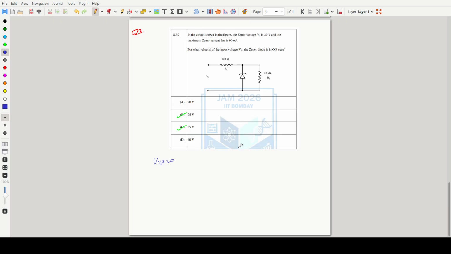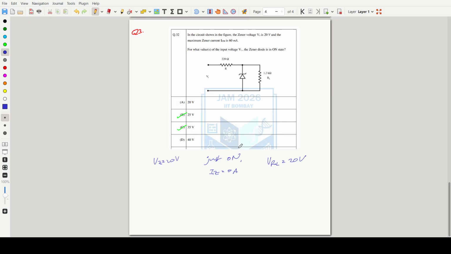Okay, so let's just do that. So when is your Zener diode just on? Just on means the current through it is theoretically 0 amps, right? It just turned on. In that case, the voltage across your load resistor would be 20 volts, right?